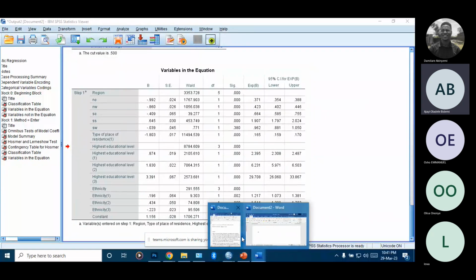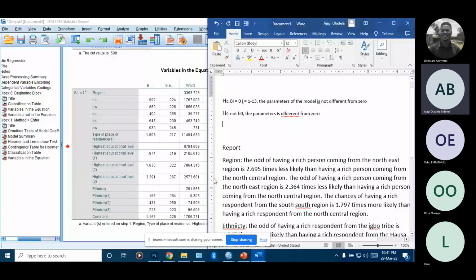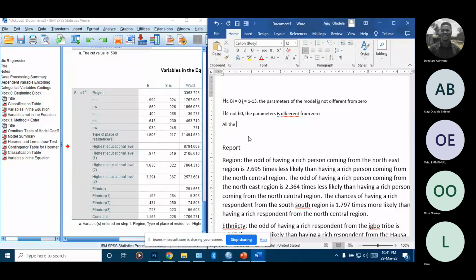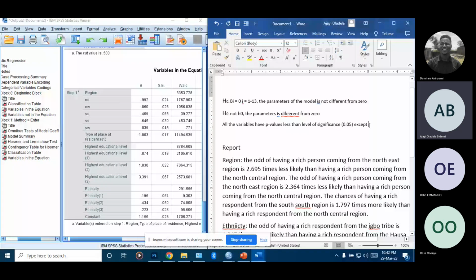So you just come to your report and say, all the variables have p-values less than the level of significance, which is 0.05, except the southwest region.